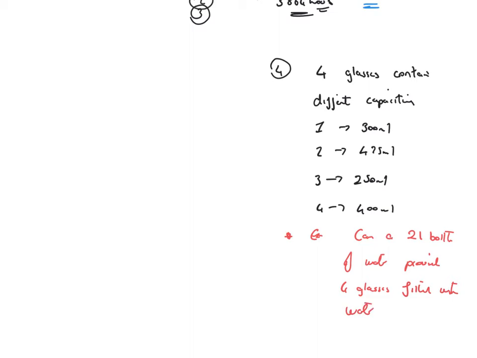Okay, so the first thing that we need to be thinking about here is 1 litre contains 1000 millilitres, so 2 litres contains 2000 millilitres. We need to see how much is in these 4 glasses, so let's add them up. 300 plus 425, 250, 400.